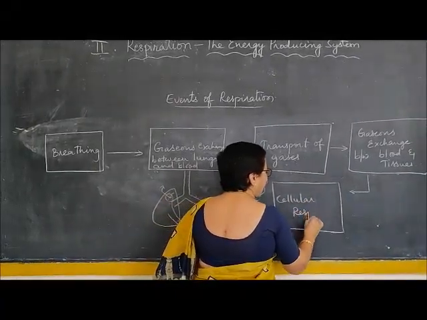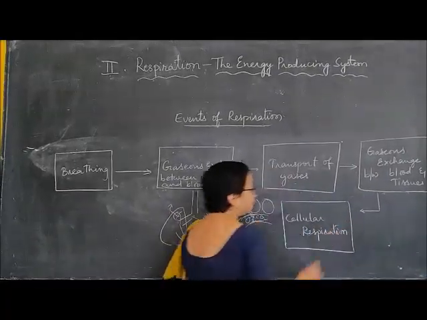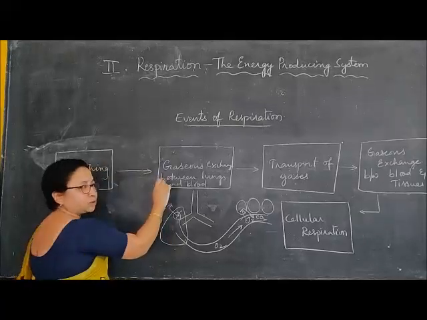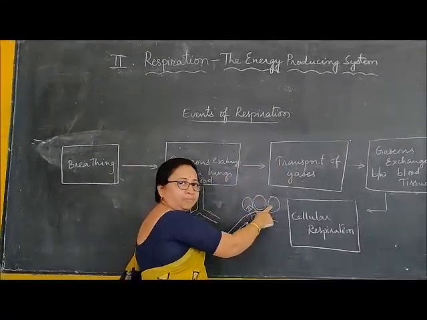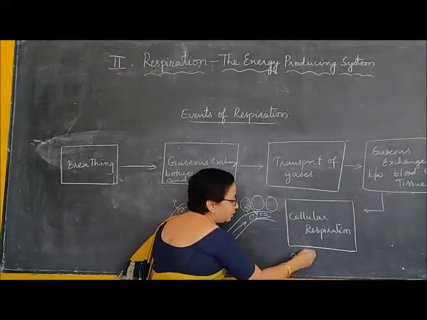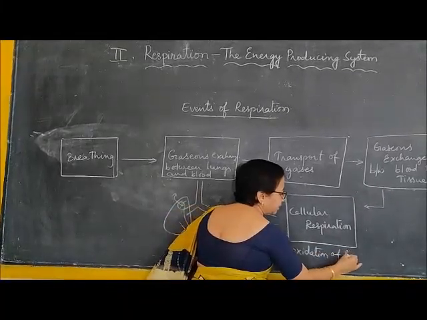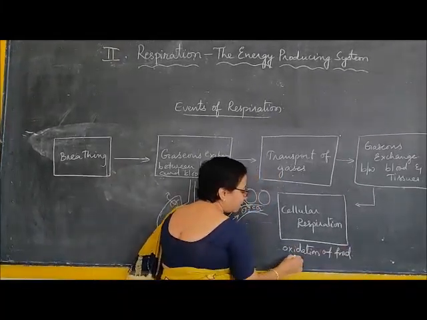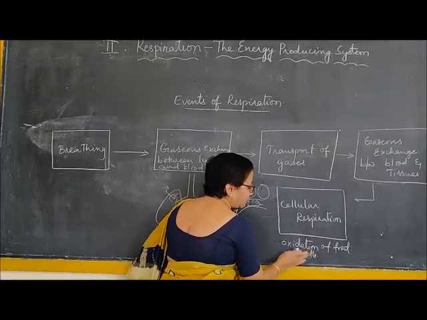This is the actual process of respiration. In the first 4 steps the oxygen is being supplied to the cells, but the oxidation of food takes place in the cells, which is called cellular respiration.